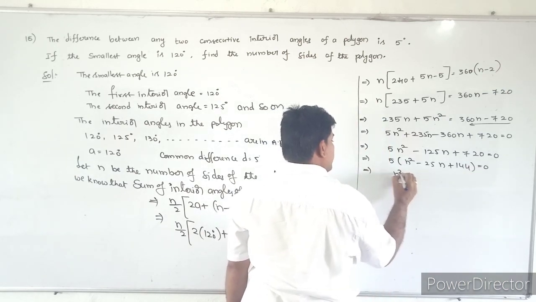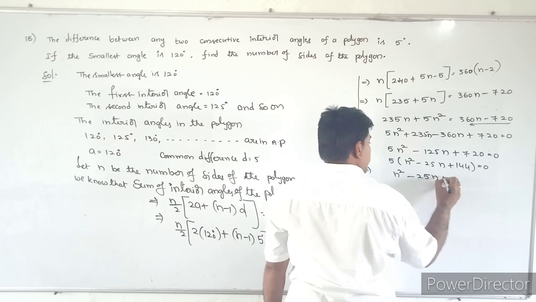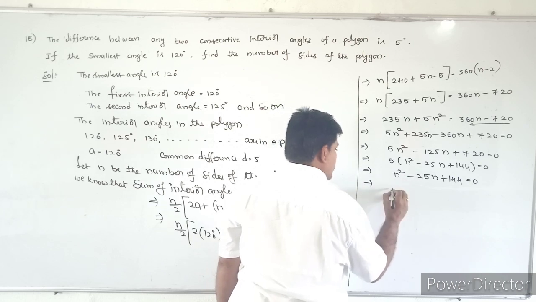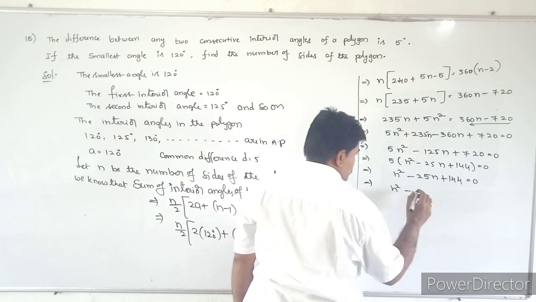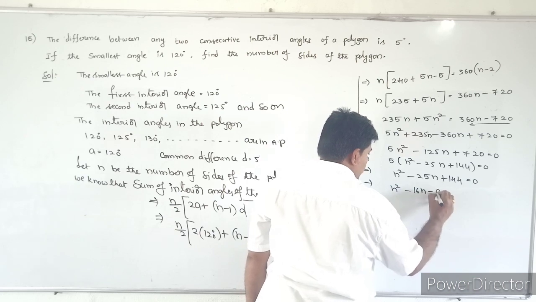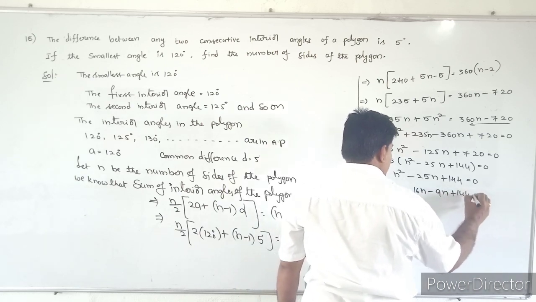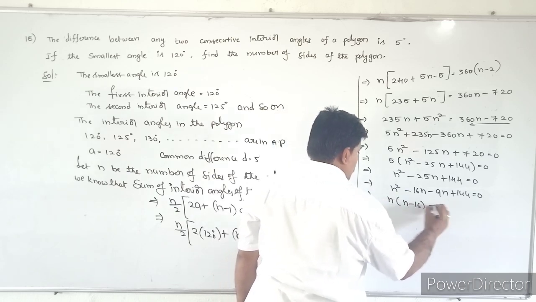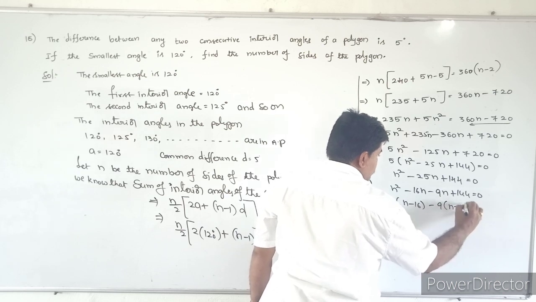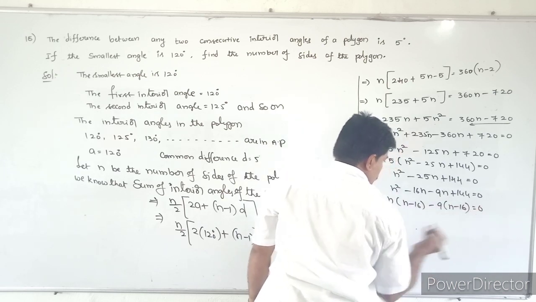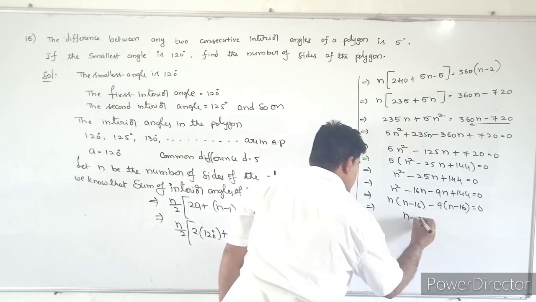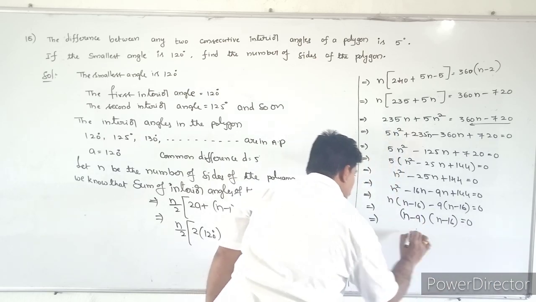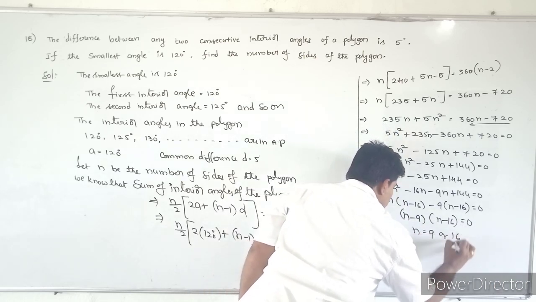Take the factorization here, minus 25n you can split as minus 16n minus 9n, plus 144 is equal to 0. If n is taken common, it will become n minus 16, and take the minus 9 common, n minus 16, so that is equal to 0. So (n minus 9) into (n minus 16) is equal to 0. So that implies n is equal to 9 or 16.